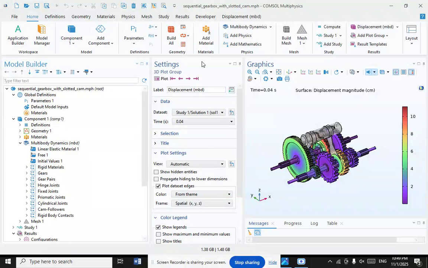This transmission, along with many similar designs that it inspired, was a non-synchronous, also called sliding mesh, design where gear changes involved sliding the gears along their shafts so that the desired cogs became meshed.